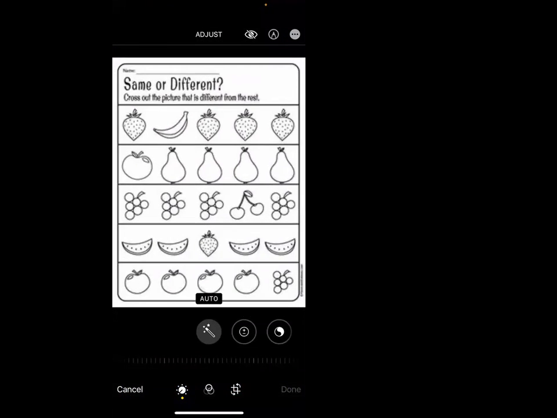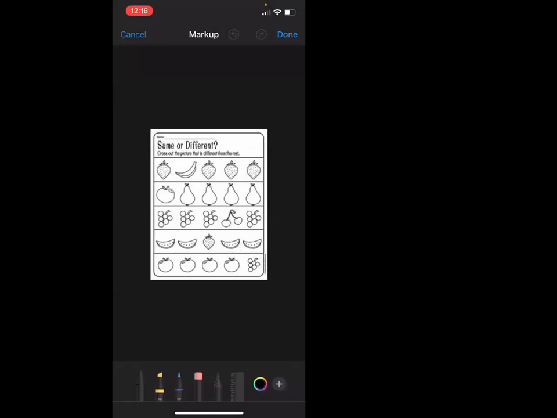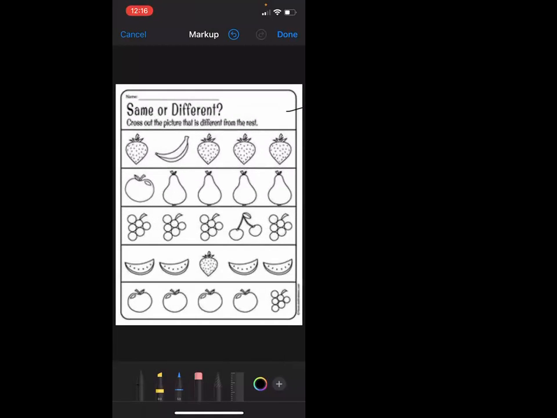In this whole line, all are strawberries, and only one banana is there. This is strawberry, this is strawberry, this is also strawberry, but there is one different thing, that is this banana.